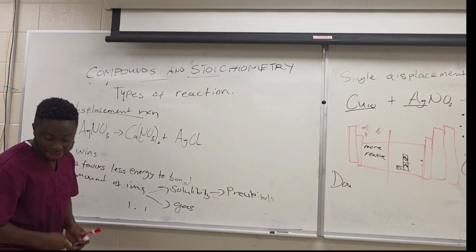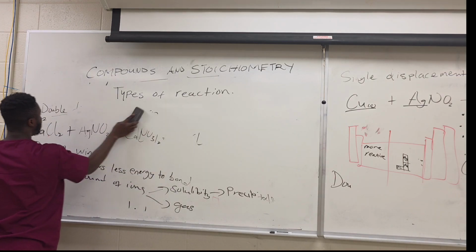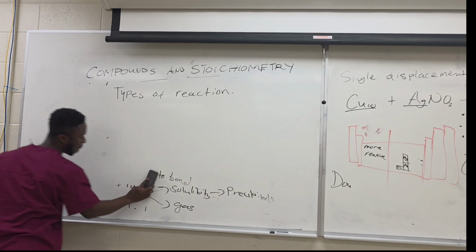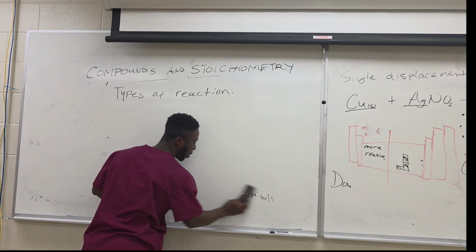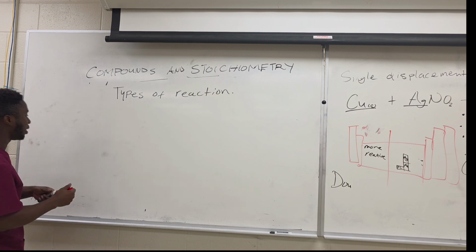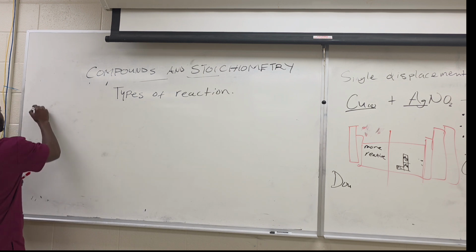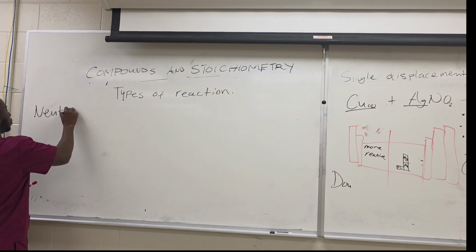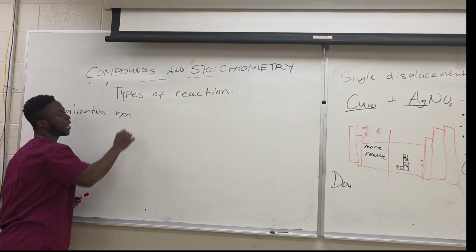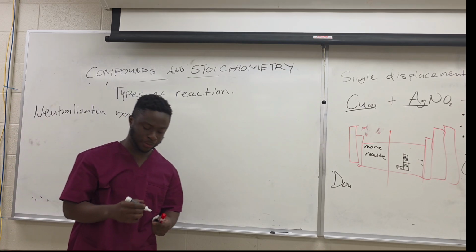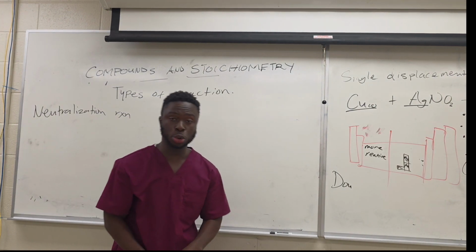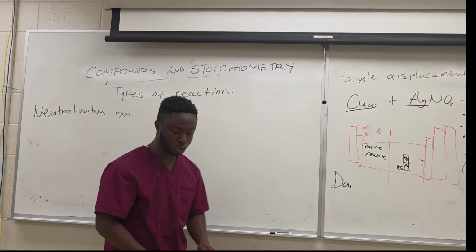Now, last but not the least type of reaction is the neutralization reaction. Neutralization is an example of a double displacement reaction, whereby an acid will react with a base to produce salt and water.